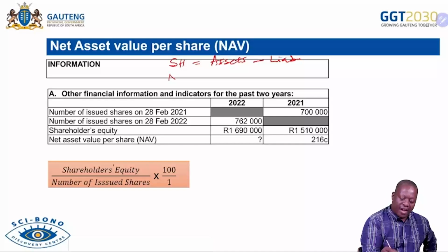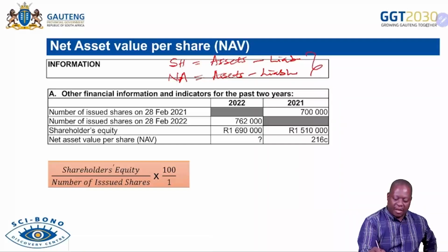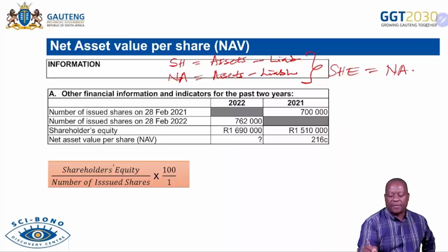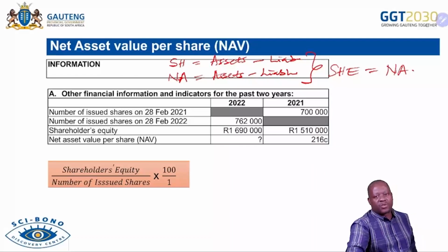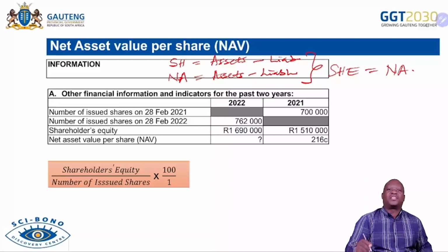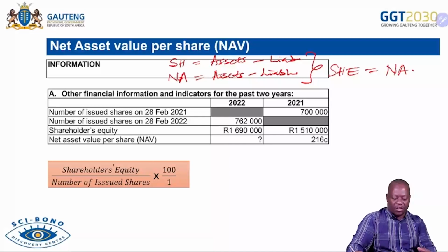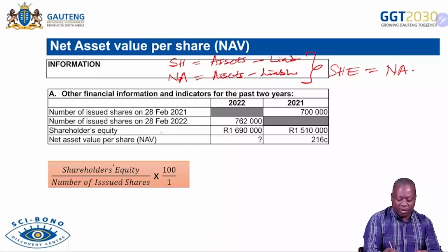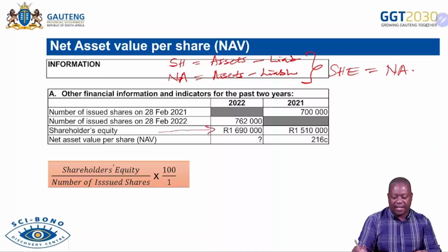And how do we find our net assets? Still the same thing. Assets minus liabilities. So it simply means our shareholders' equity is equal to our net assets. These are the same. So in the formula for calculating net asset value per share, we are going to say shareholders' equity divided by the number of issued shares. Now that we have got the formula, which is correct, we are going to check shareholders' equity. Which figure is that?